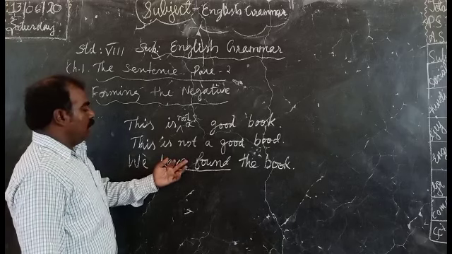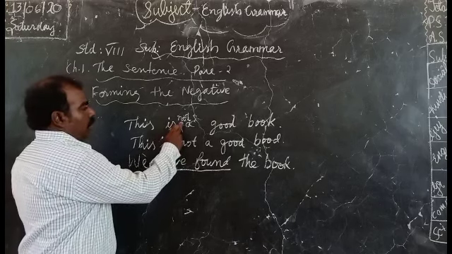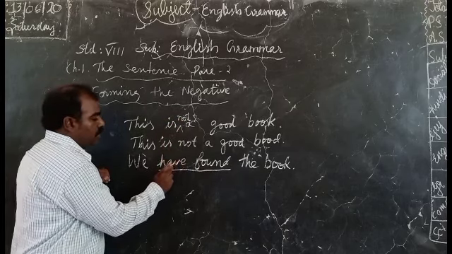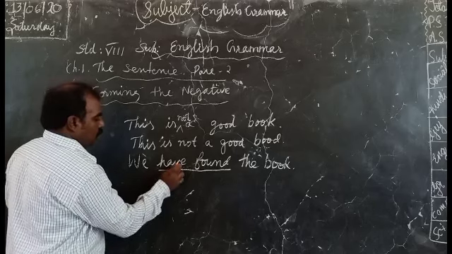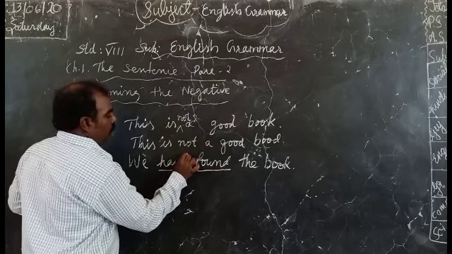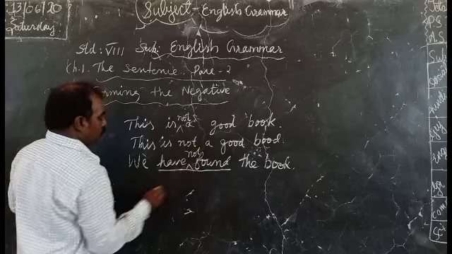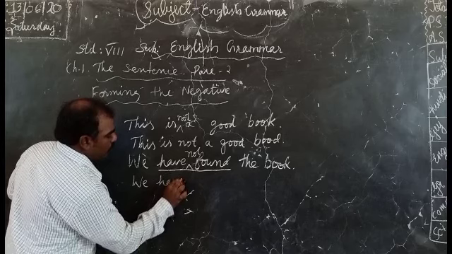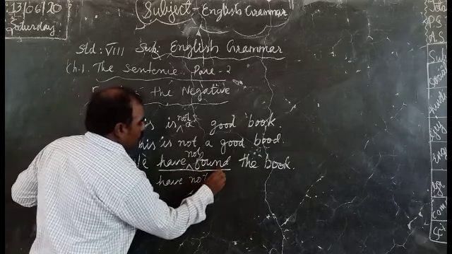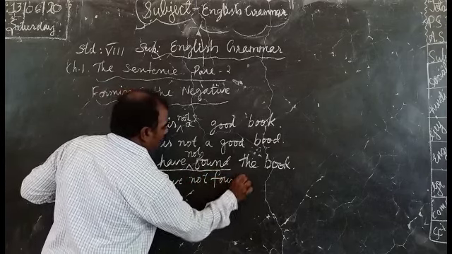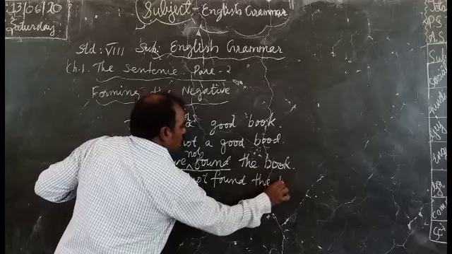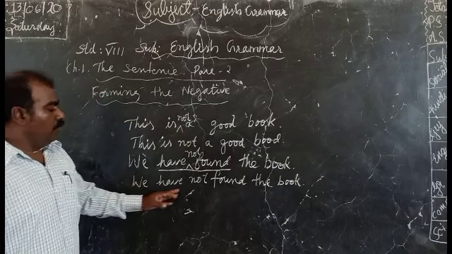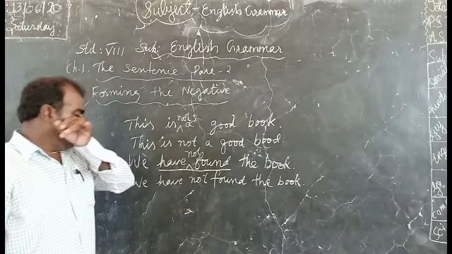So we have to add the negative word not after the first auxiliary. Here "have" is the auxiliary, so not goes here. Now write the sentence: We have not found the book. This is the negative form of the sentence.